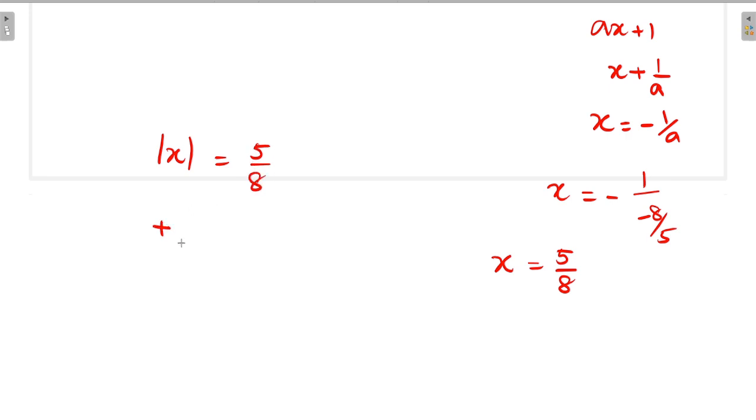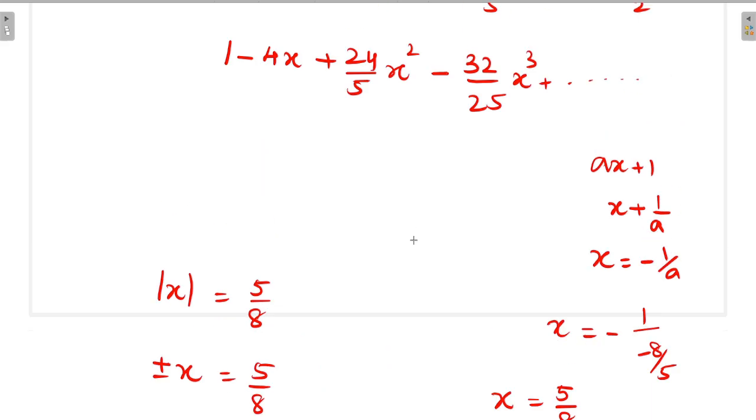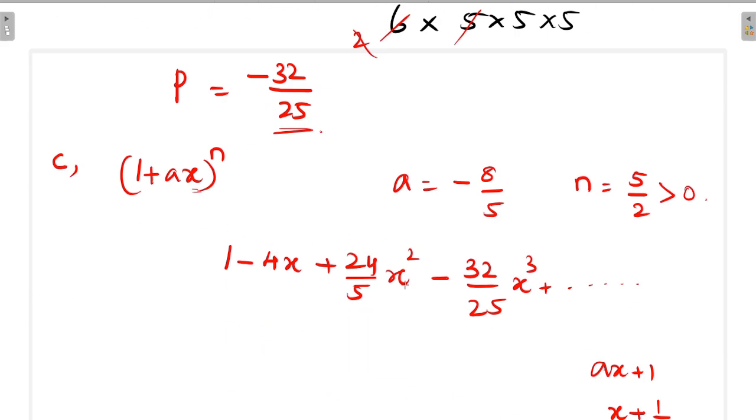So plus or minus 5 by 8. So x is minus 5 by 8 and 5 by 8, a positive value and a negative value. There are possible positive and negative values. Then only the expansion will be valid.